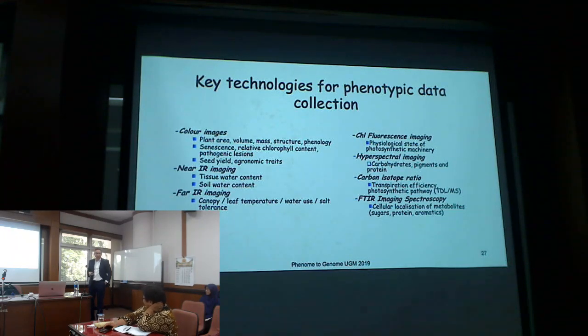And then you can take carbon isotope measurements, far red, infrared imaging, and this is for cellular localization of metabolites. This is a much more focused, smaller scale kind of measurement. And probably there are more than this, but I just came up with all these because we use them regularly.